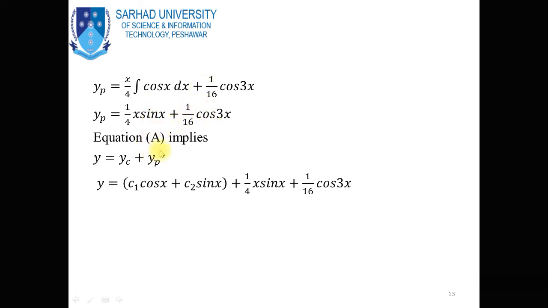Now the overall general solution of the given equation is y = yc + yp, where yc is the complementary solution: y = c1 cos x + c2 sin x + 1/4 x sin x + 1/16 cos 3x.